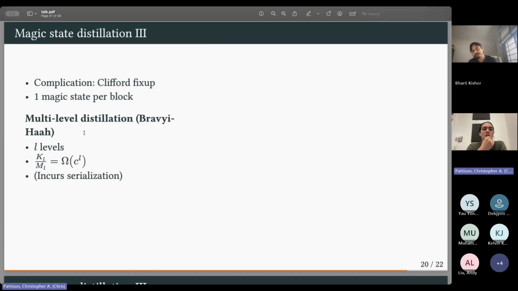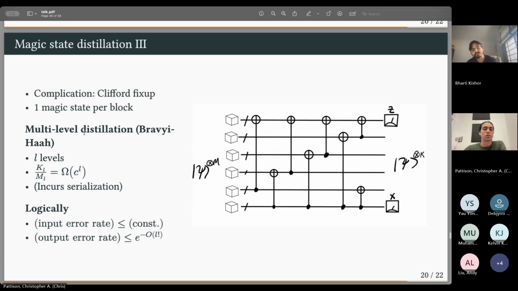So you're essentially going to do the same thing. There's some complication with the Clifford fix-up, so we can't distill our states coordinate-wise. We can only do one magic state per block. So this introduces some serialization cost. But overall, it's going to be the same as in the stabilizer state distillation.